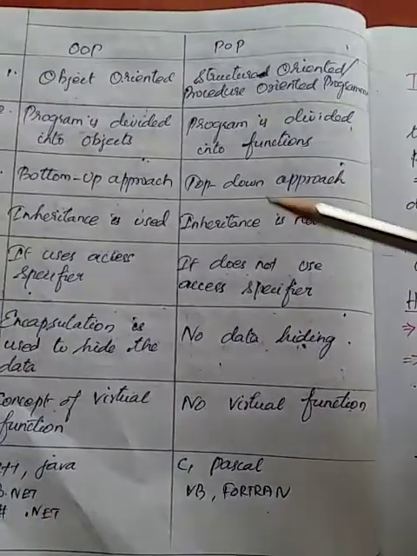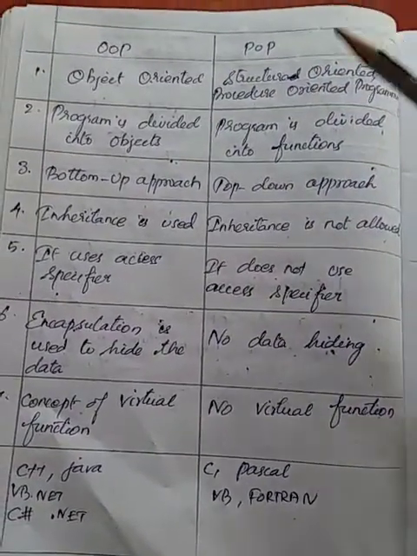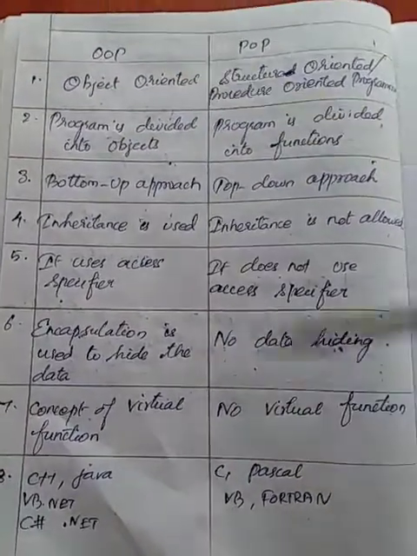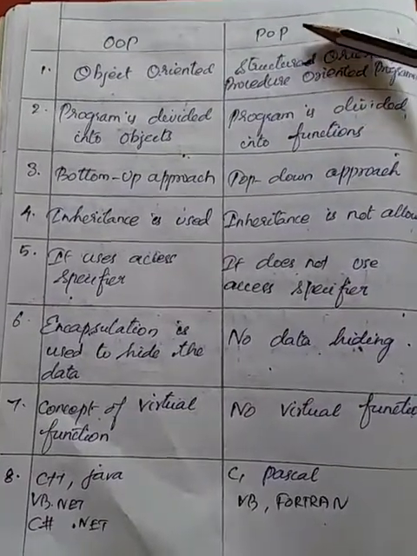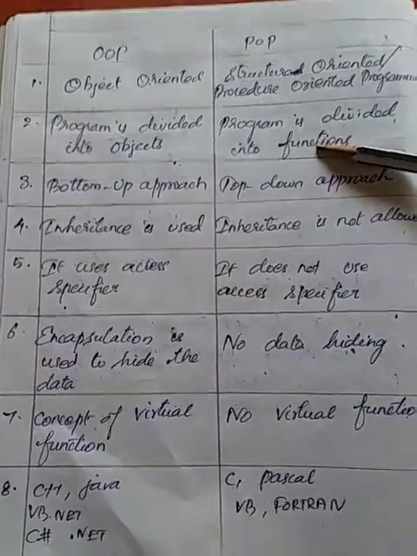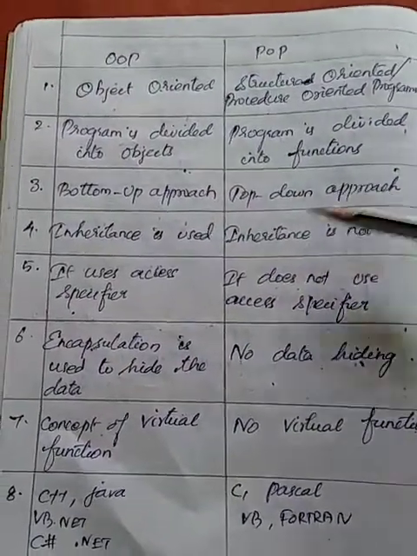Now the difference between object oriented programming and procedure oriented programming. C++ and Java are object oriented programming, while C, Pascal and Fortran come under the category of procedure oriented programming. Here the program is divided into objects, and there it is divided into functions. It is a bottom up approach, and this is the top down approach.